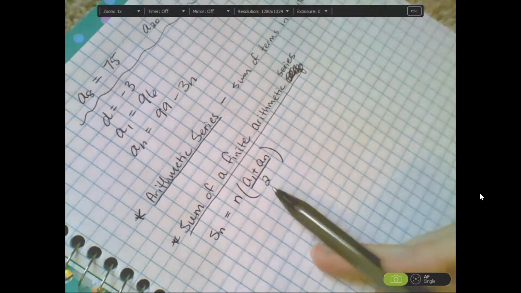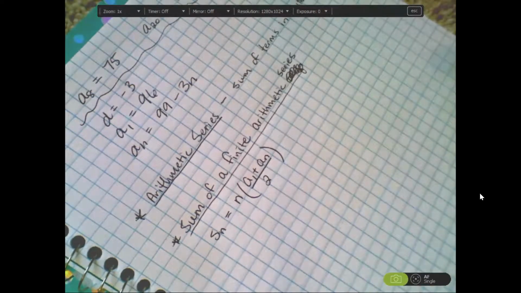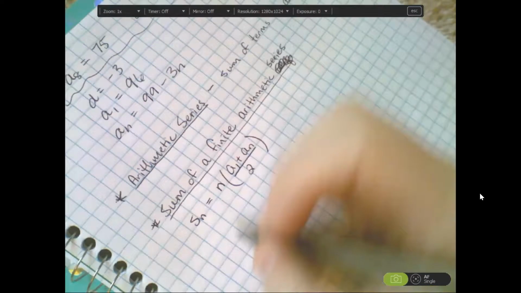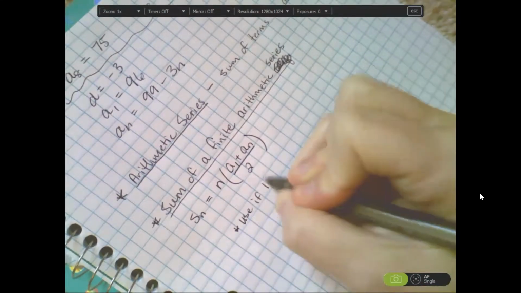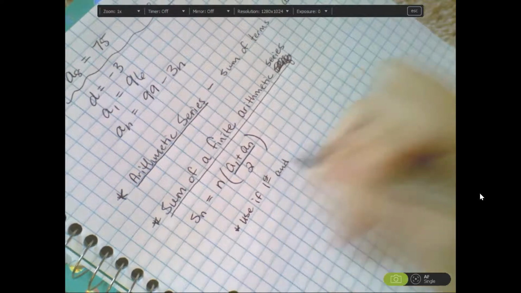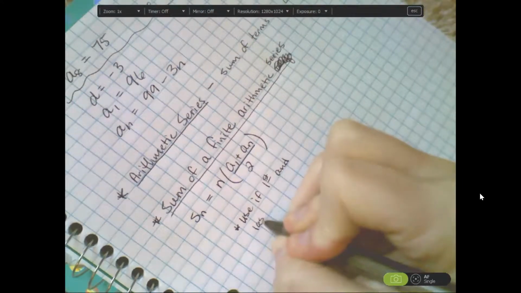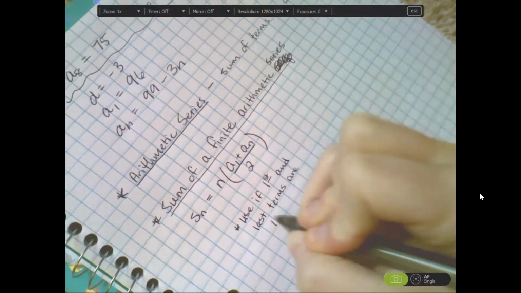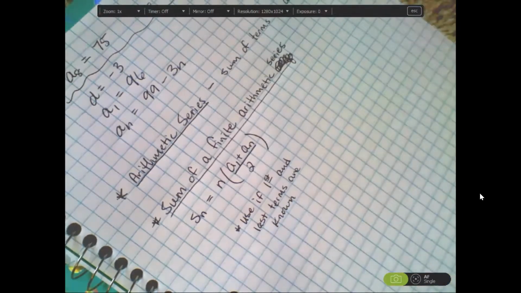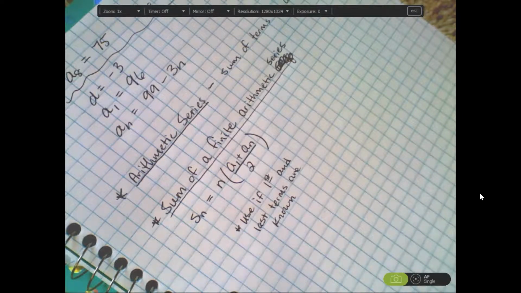And then obviously 2 is 2. So this is what we're going to use if the first and last terms are known. You have to have certain pieces of information to use that particular formula.